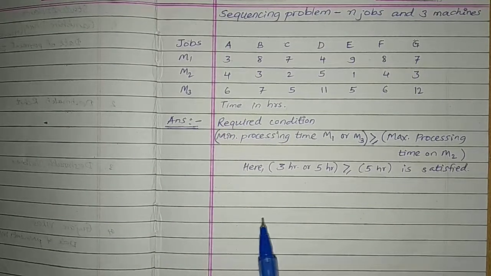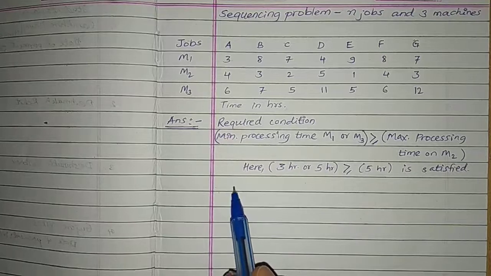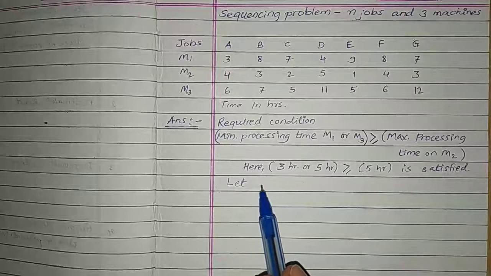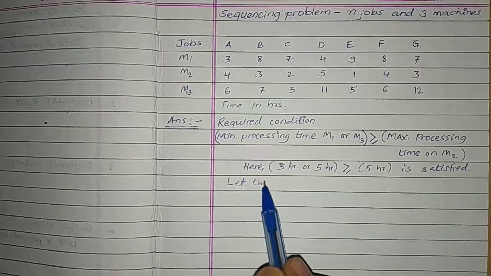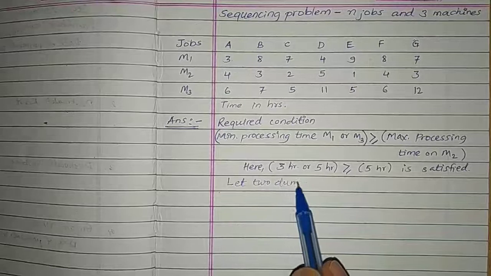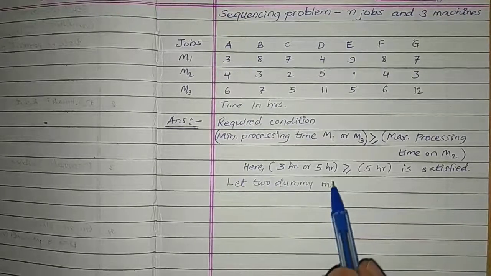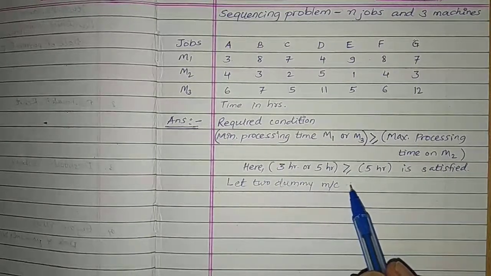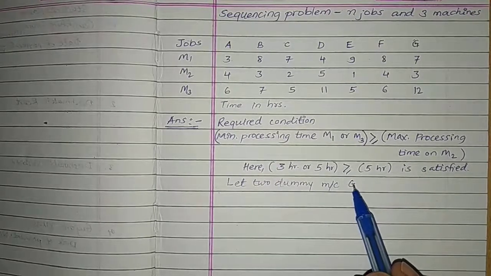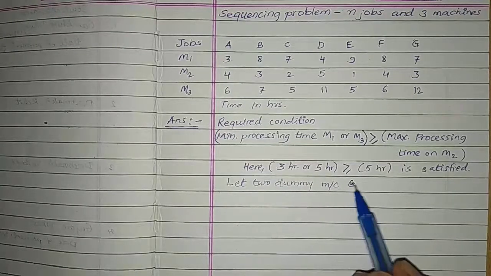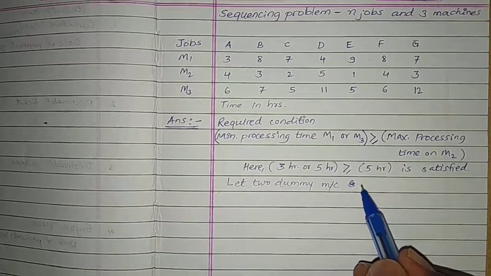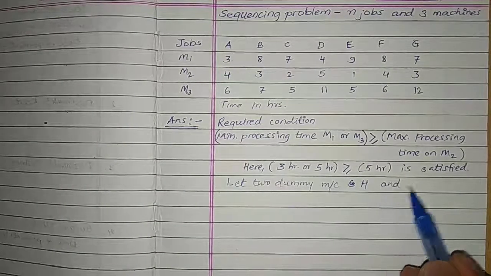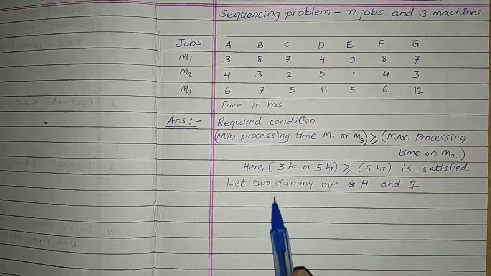So here let us assume two dummy machines, let us say H and I. Let us see how to calculate the processing times.